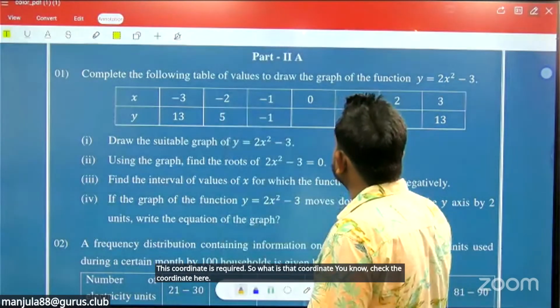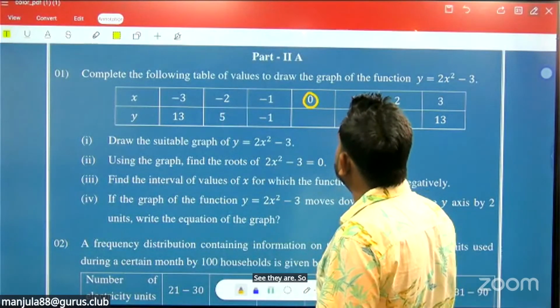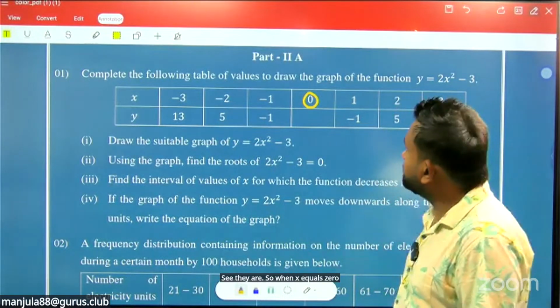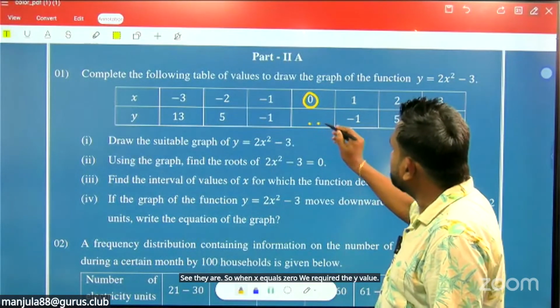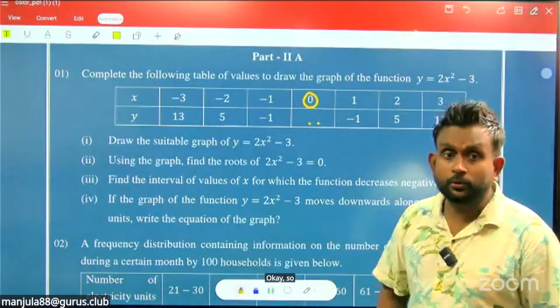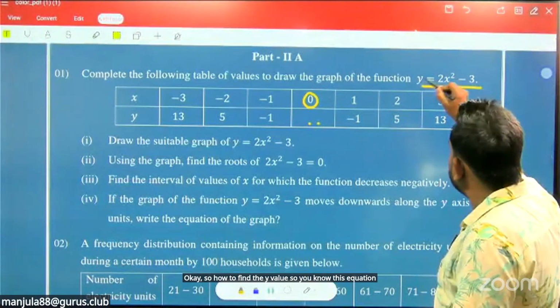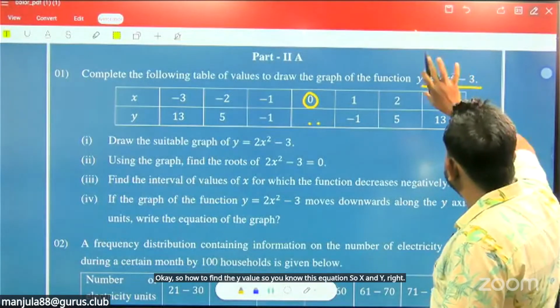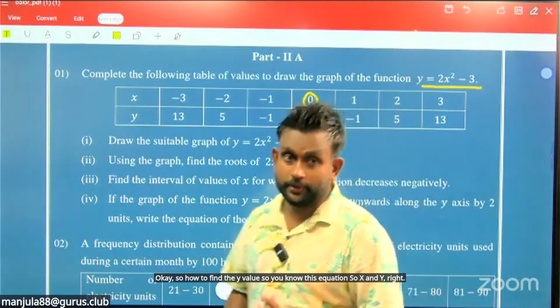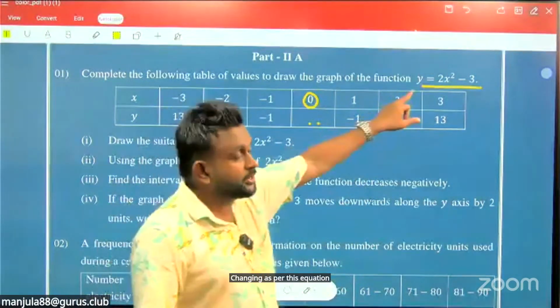See there. When x equals 0, right, we require the y value. So how do we find the y value? You know this equation. So x and y change as per this equation, right? That is the function equation.